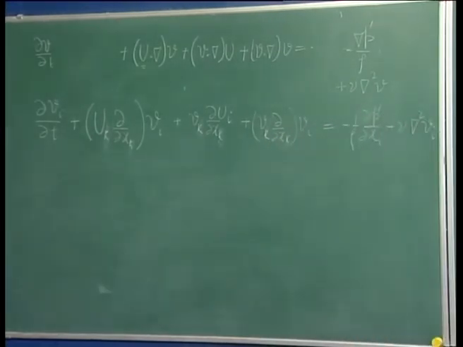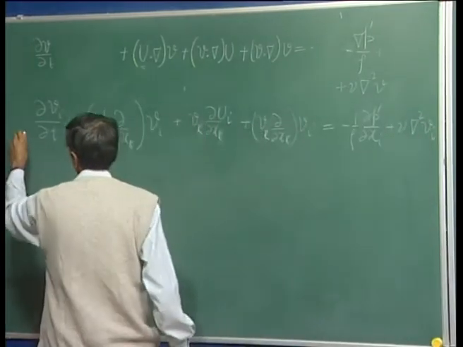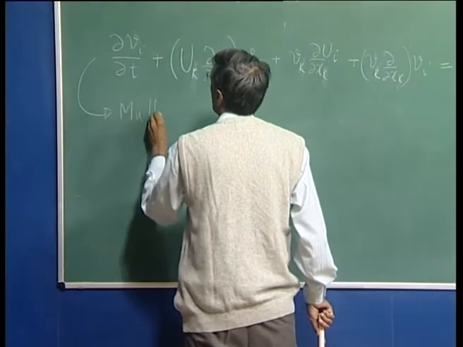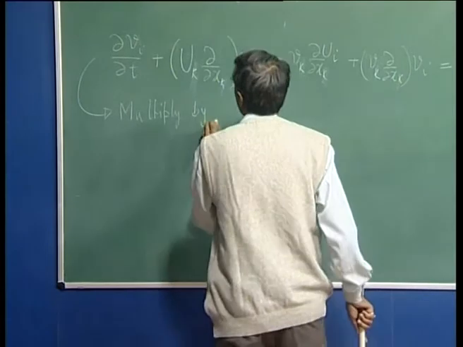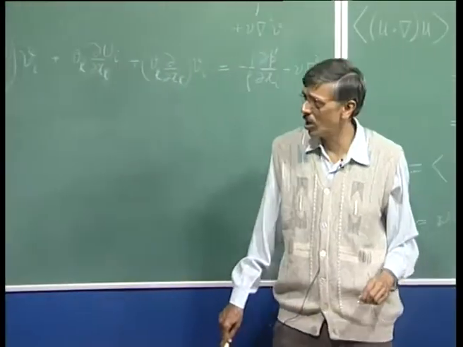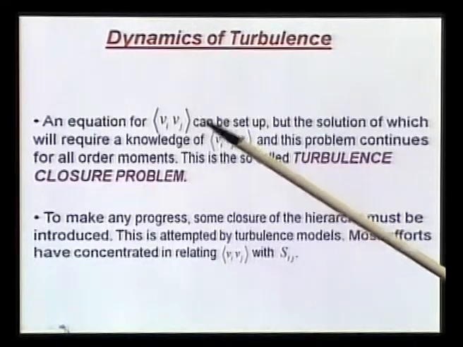Okay. So what I do is multiply this by Vj, and then we time average, because we want information on the time averaged quantity.